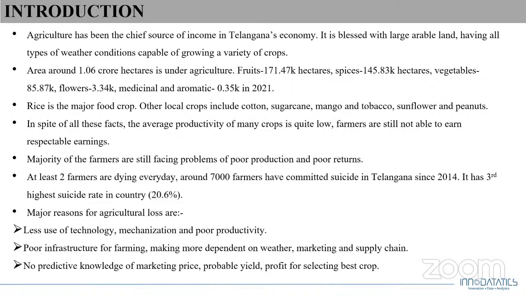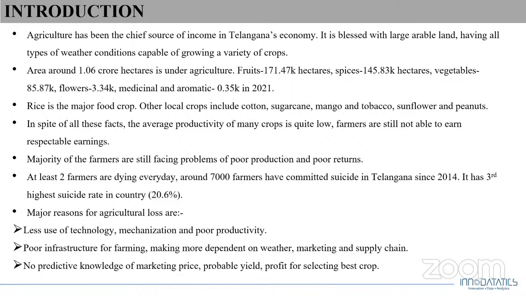As we can see, around 1.06 crore hectares is under agriculture, in which farmers can grow all types of crops. For example, fruits, spices, vegetables, flowers, medicinal and aromatic crops. Rice is a major crop which can be grown here. With rice, we have many locally grown crops like cotton, sugarcane, mango, tobacco, sunflower, and peanuts as well.